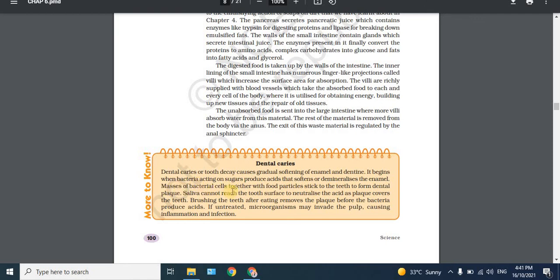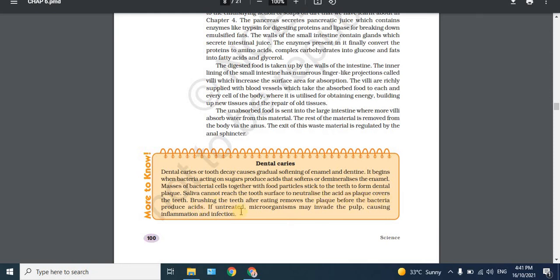Masses of bacterial cells together with food particles stick to the teeth to form dental plaque. Saliva cannot reach the tooth surface to neutralize the acid as the plaque covers the teeth. Brushing the teeth after eating removes the plaque before the bacteria produce acids.